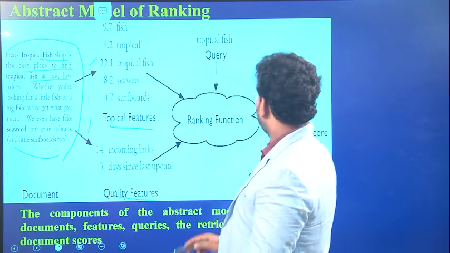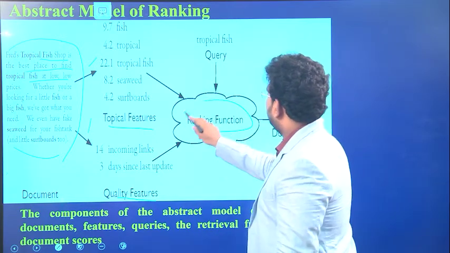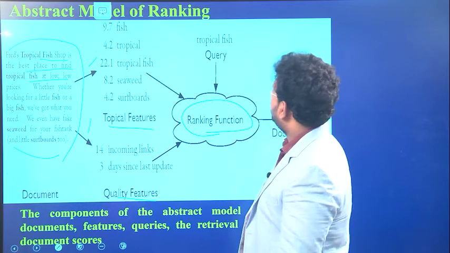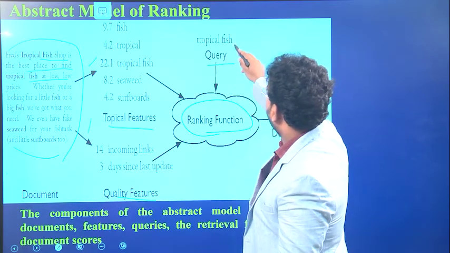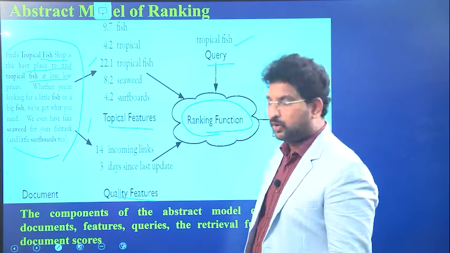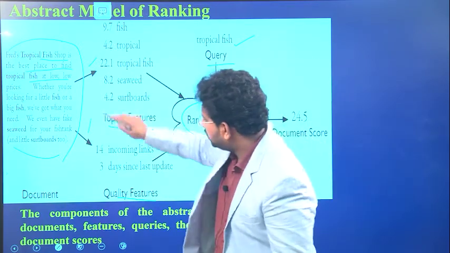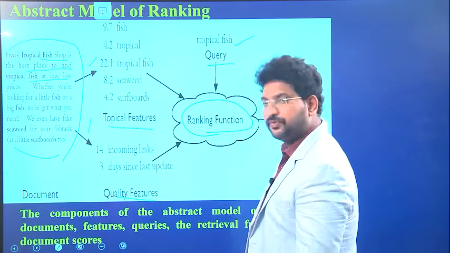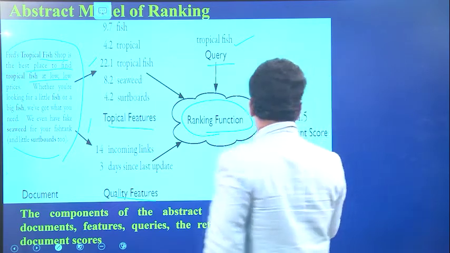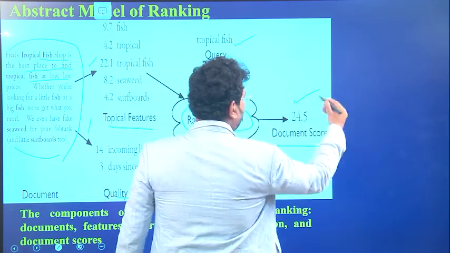And if you observe here, this is the ranking function, and here you are able to find the query. From this document you give the topical features, and with the query you are going to calculate the document score.